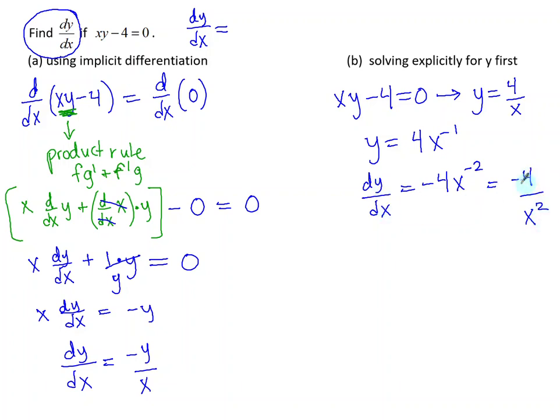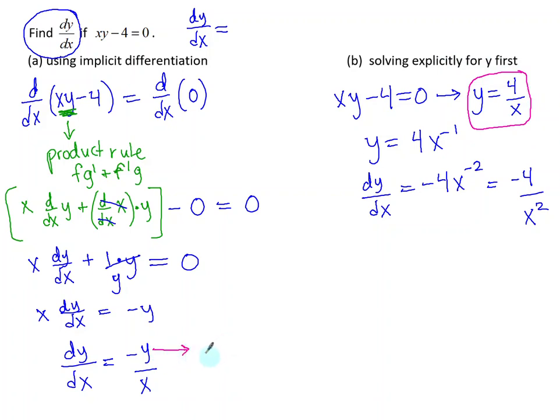Now notice, this looks different than this, but in fact, they are the same thing. Let's see why. This has only x's in it. This has a y and an x in it. Remember how when we explicitly solved for y and we got that y equals 4 over x, we can substitute that into that spot.